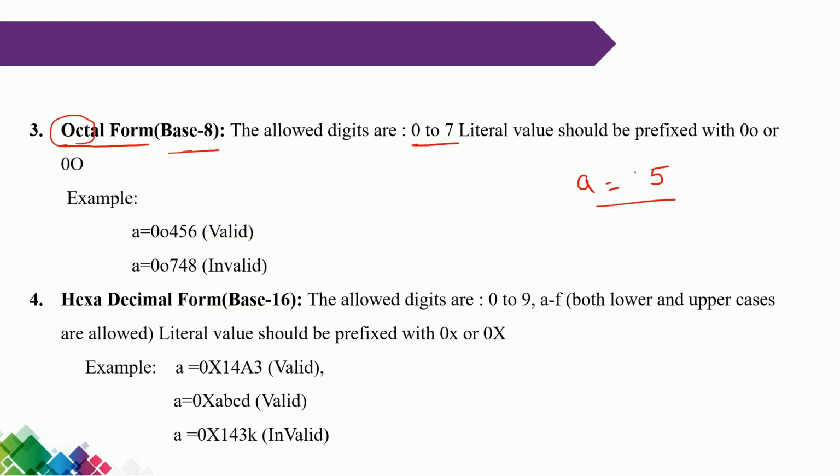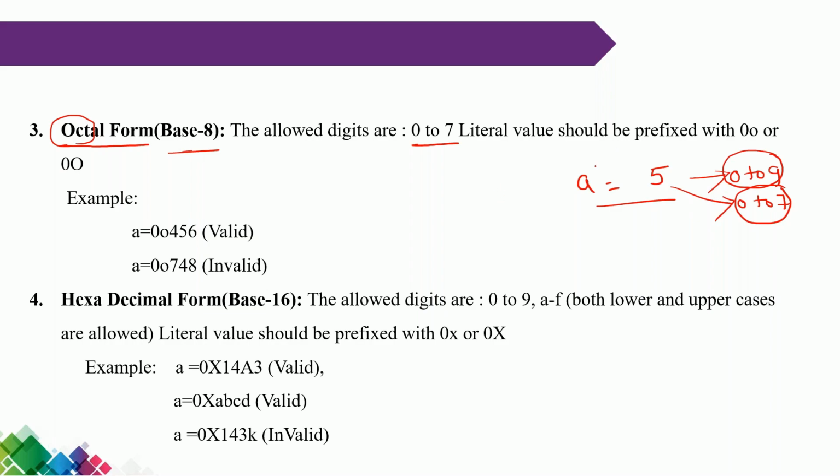Is the 5 a decimal number or an octal number? 5 is in 0 to 9, and 5 is between 0 to 7. So 5 satisfies the property of a decimal number and also of an octal number. If any digit is between 0 to 7 it is octal, if between 0 to 9 it is decimal.